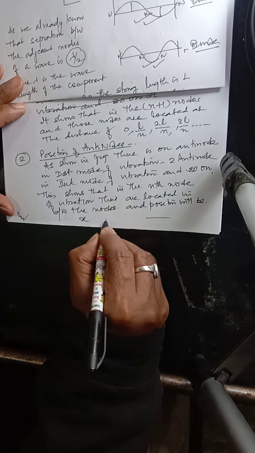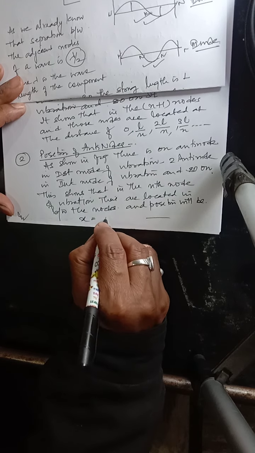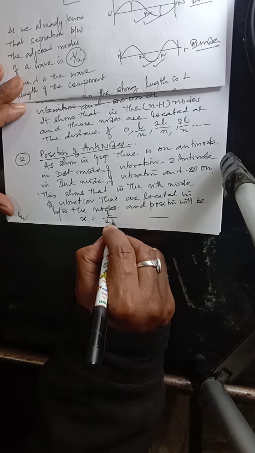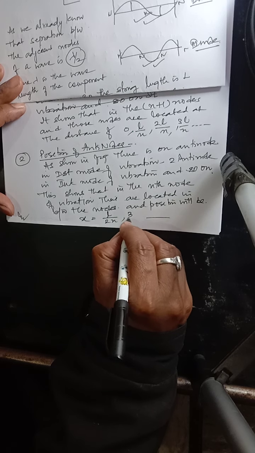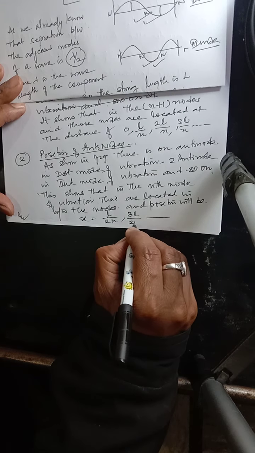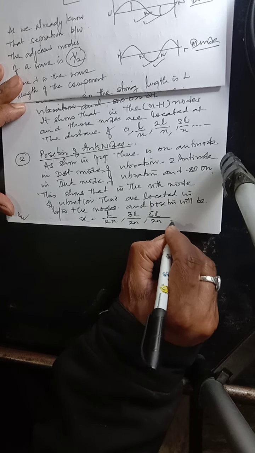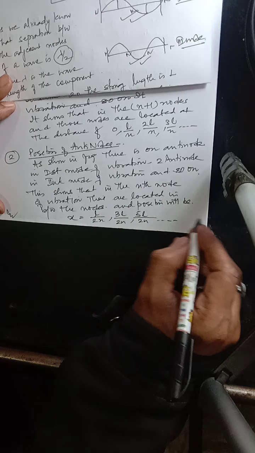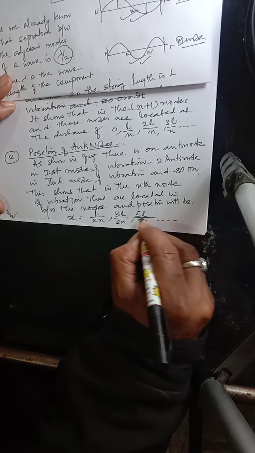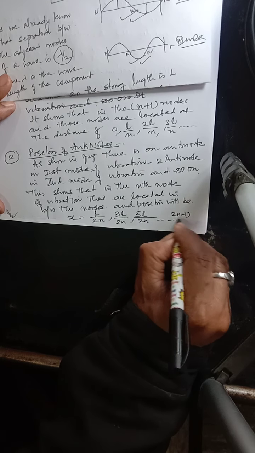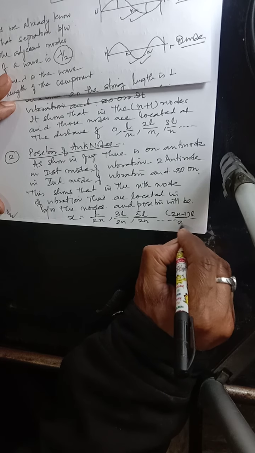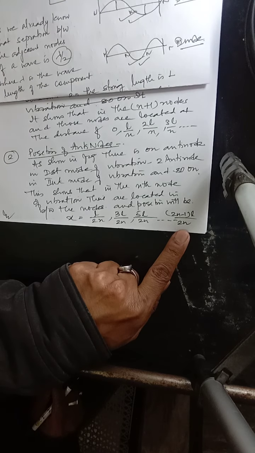Suppose x, we are denoting the position, it will be L by 2n, then it becomes 3L by 2n, then it becomes 5L by 2n, and so on. If we talk about the last one, then it becomes (2n minus 1) times L upon 2n. That will be the last antinode.